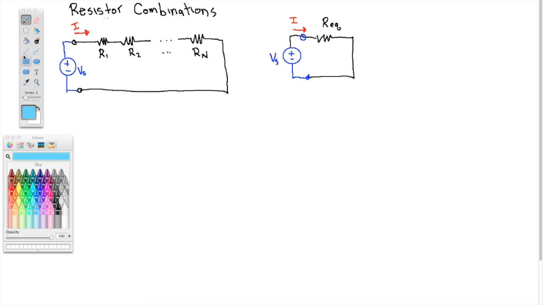Now, we said that these are series resistors. There are these nodes here, and the definition of series is as follows. Components are in series when they exclusively share a node.